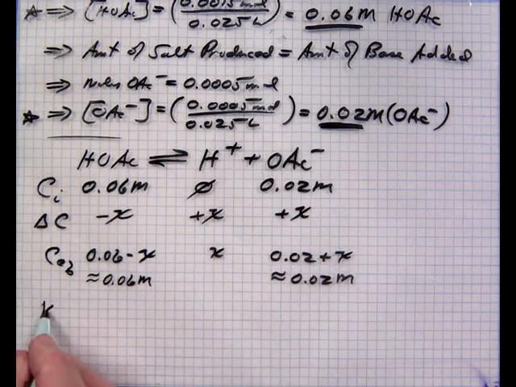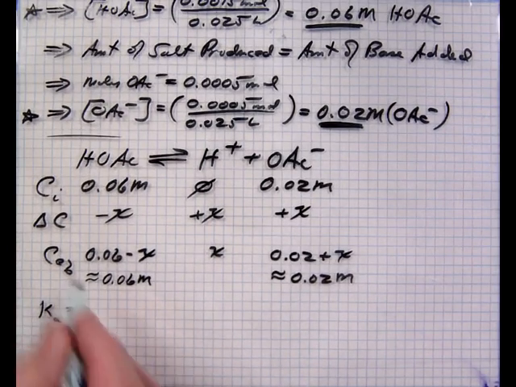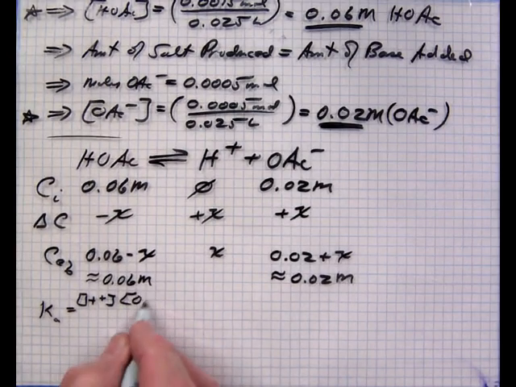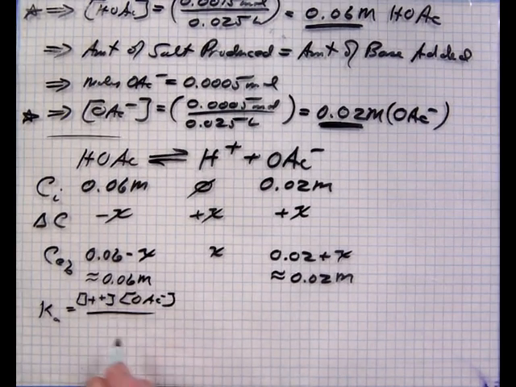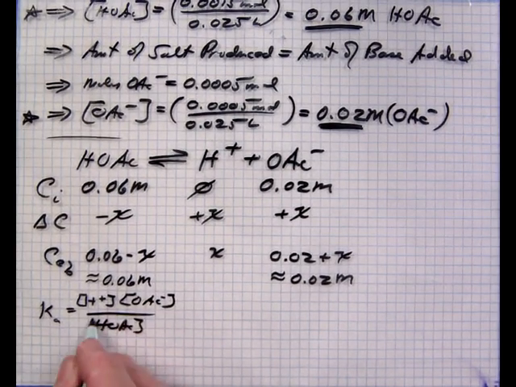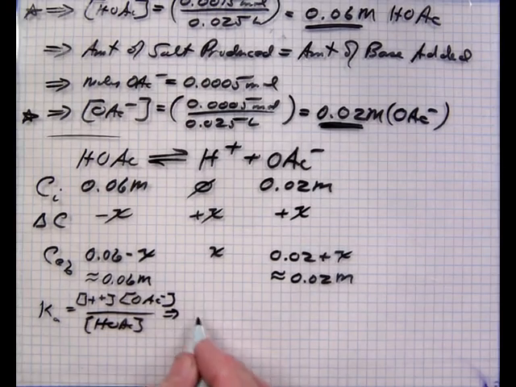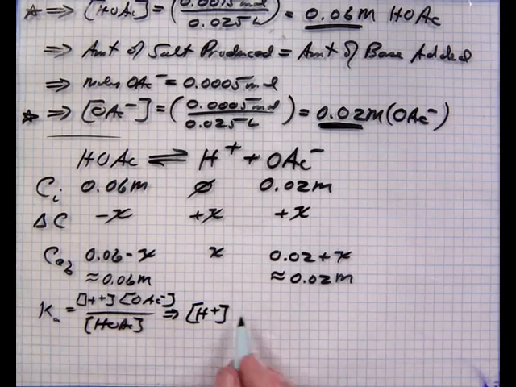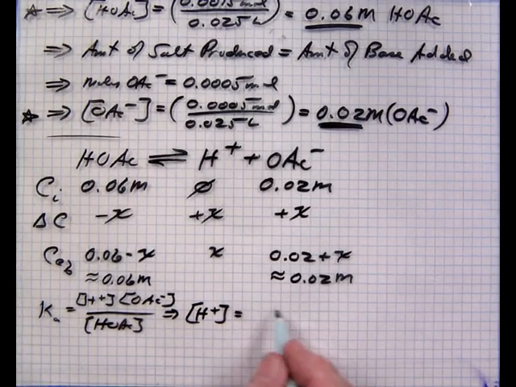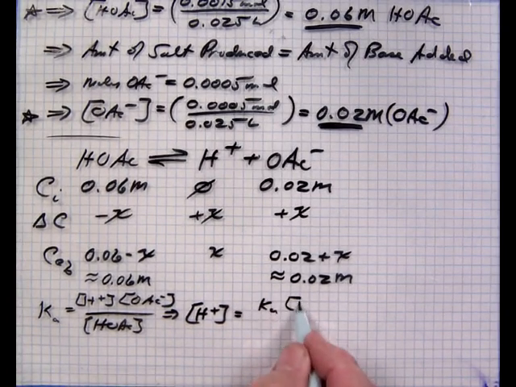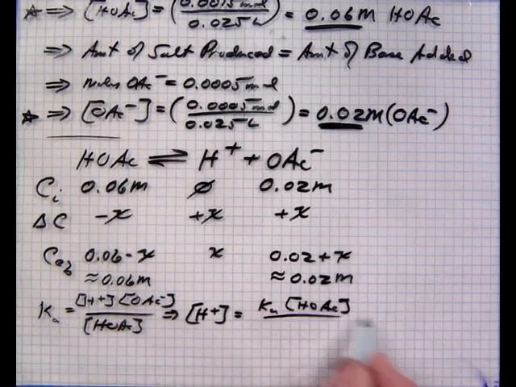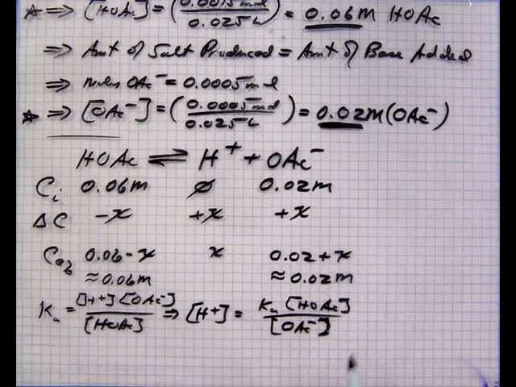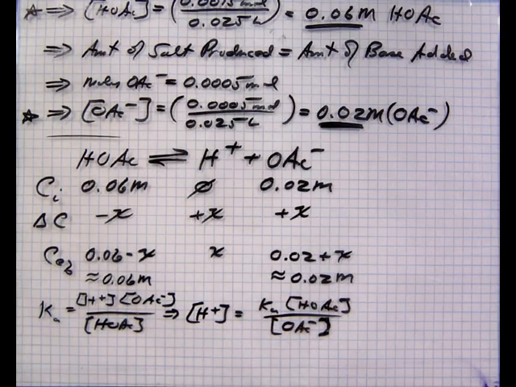So now we apply this data to the equilibrium expression for acetic acid here and solve for the hydronium ion concentration, and then calculate the pH once we determine what that is. So that is Ka times acetic acid concentration divided by the conjugate base concentration, acetate ion.